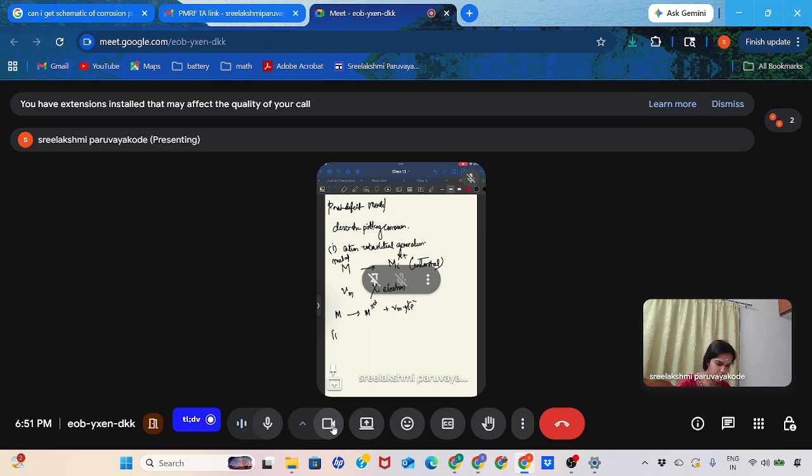So the next one is cation interstitial consumption. Here the cation interstitials are diffusing through the film. They reach the film solution interface. Here the interstitials are crossing the interface and moving into the solution. In the previous case it was staying in the film. The next one is a case where they're moving into solution.